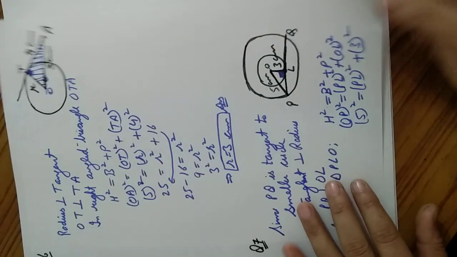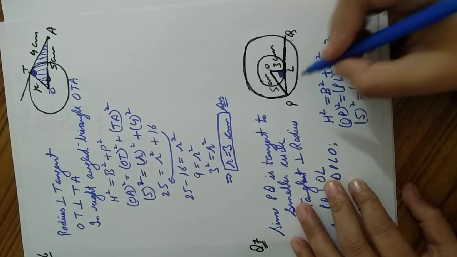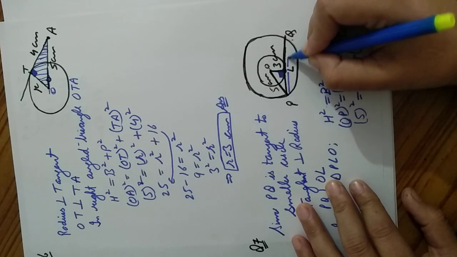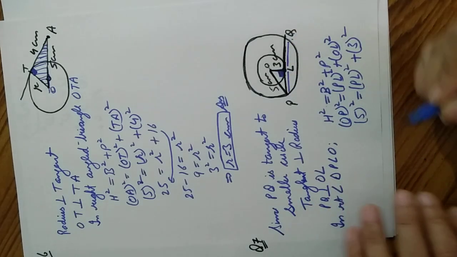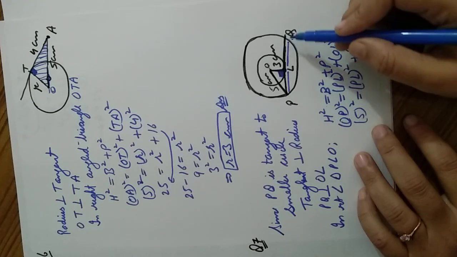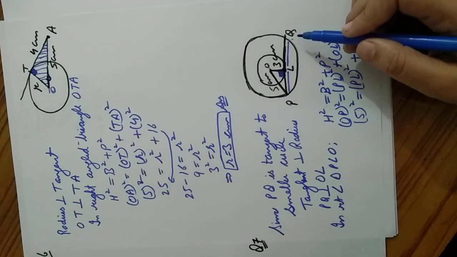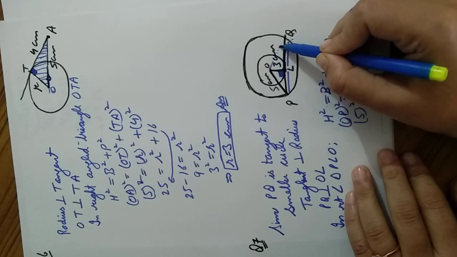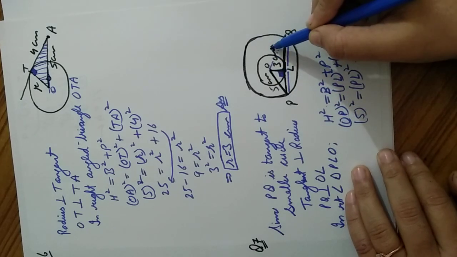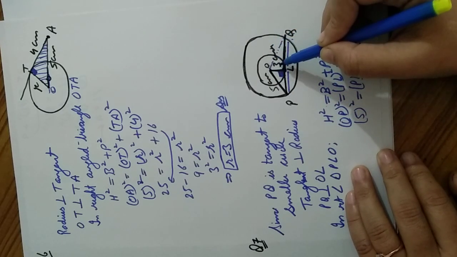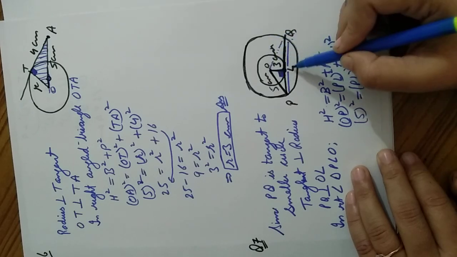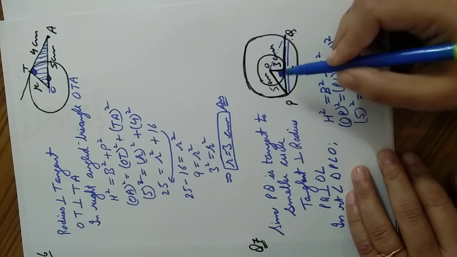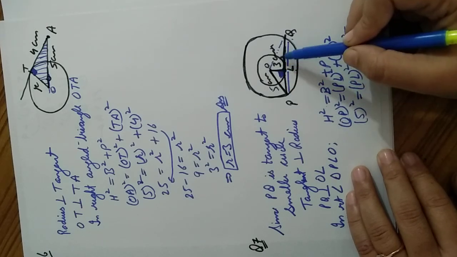Now what we have to find? We have to find the value of PQ. So we know PL and LQ are of same length. PQ is the chord and L is the midpoint of PQ. How? If we draw the radius here, again this is 5 centimeter and this is 3 centimeter. If we apply Pythagoras theorem again, we will get the same value as PL. You can also say that these two triangles are congruent.